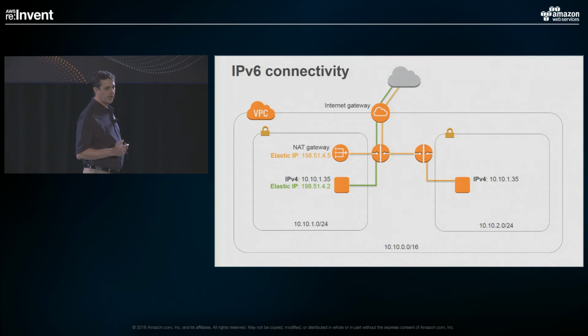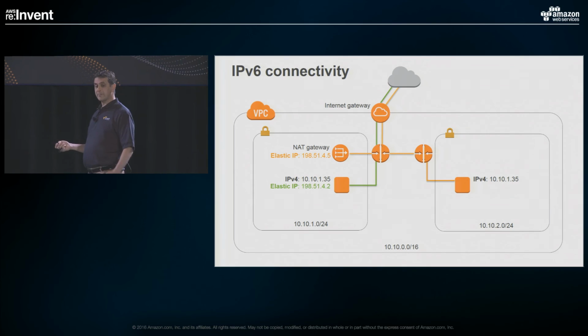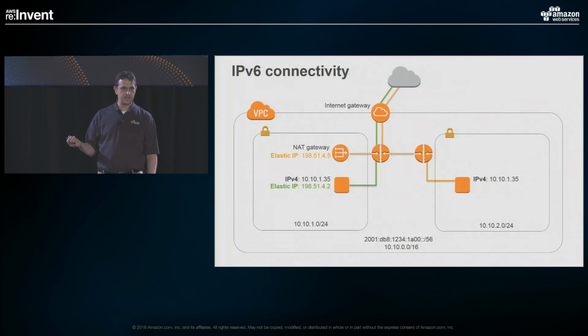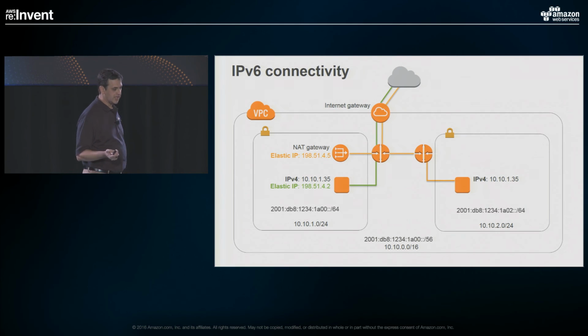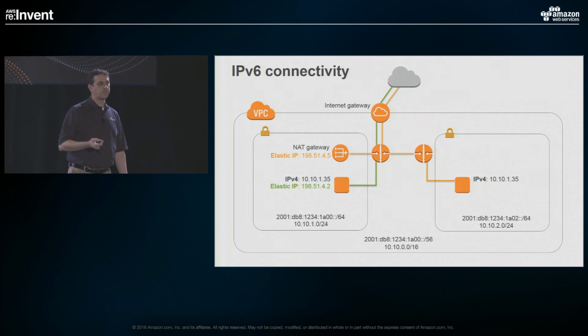You also have a NAT gateway service, which provides outbound connectivity to EC2 instances that are residing in the private subnets, in this case on the right-hand side. If you enable IPv6, basically the VPC itself will get a /56, and each subnet will get its own unique /64.